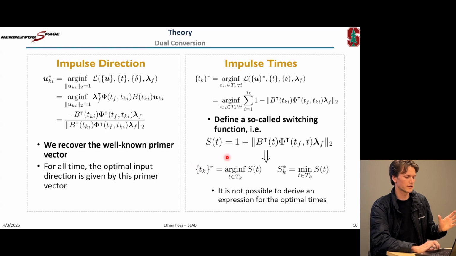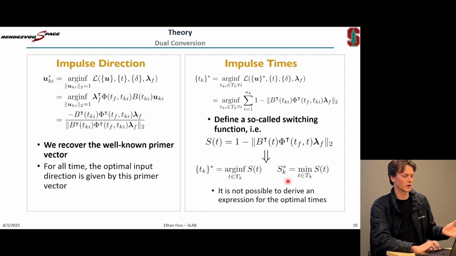And we can define this based on some switching function, which I give right here. And this actually is very similar to a switching function that you might define for a low thrust optimization problem, if you were familiar. So the best impulse times are given by the argument of infimum of this switching function over these time windows.